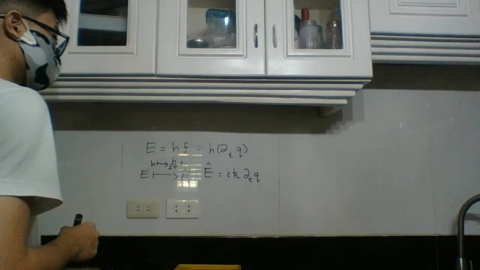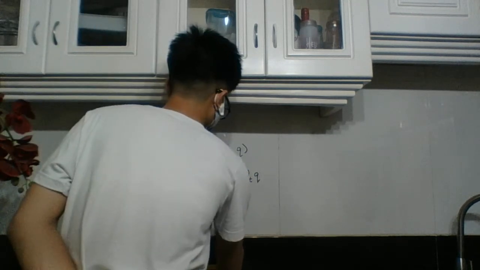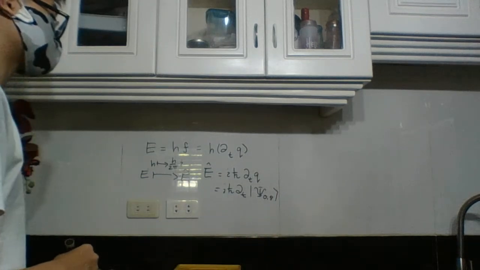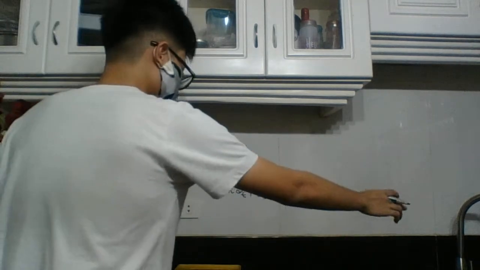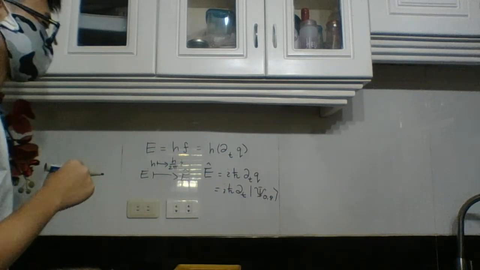Or if we want the system to be dictated by probabilistic stuff, just say i h bar d/dt times the wave function. And now that is precisely the right-hand side of the Schrodinger equation.